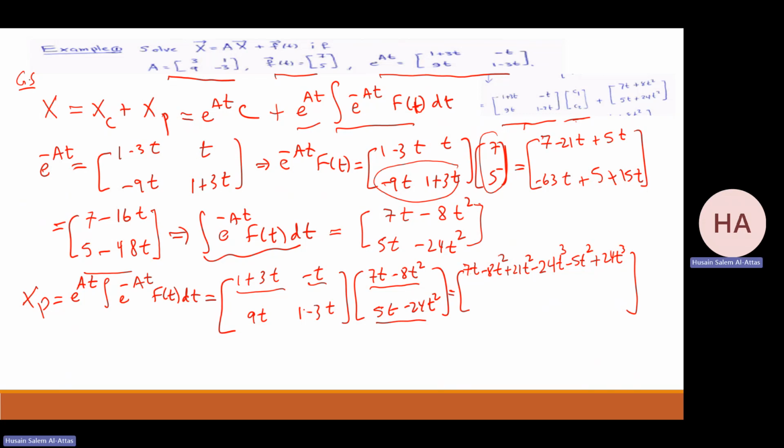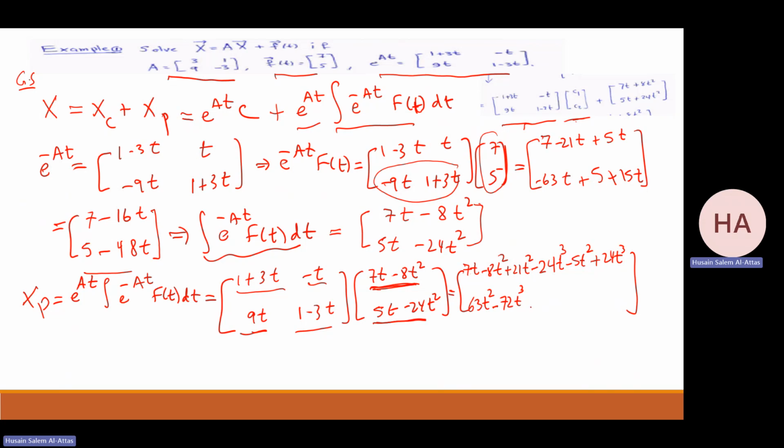Yeah. Let me check now the other one. That will be 63t squared. This times this, huh? Minus 72t cubed. Okay. This times this. Then I need this times this. Yeah, be careful here.